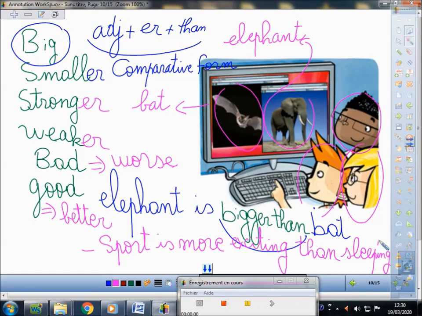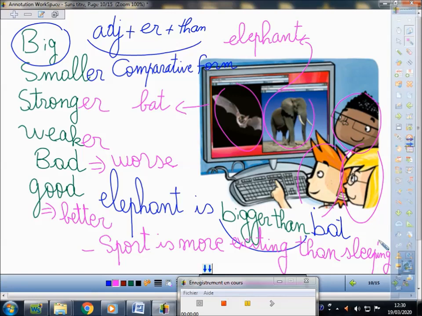What are you going to say? Bat is smaller than elephant. If we want to compare the elephant to the bat using strong, elephant is stronger than bat.